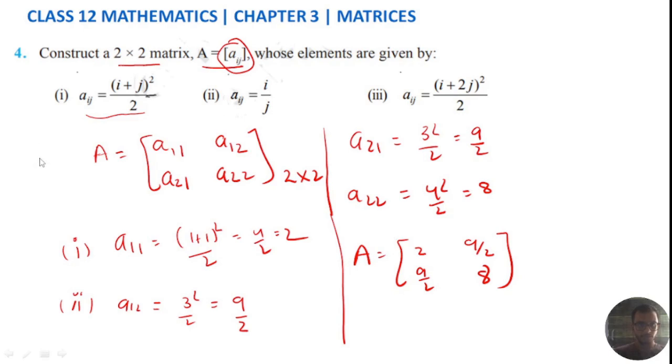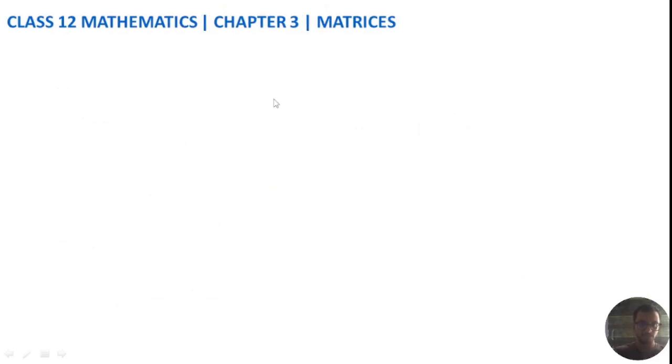So we are done with the first part of this question. Now let's do the next part of this question, that is Aij is i by j. So let's find our matrix. Second is Aij equals i by j. So A11 will be 1 upon 1, that is 1. A12 will be 1 by 2 because i is 1 and j is 2.